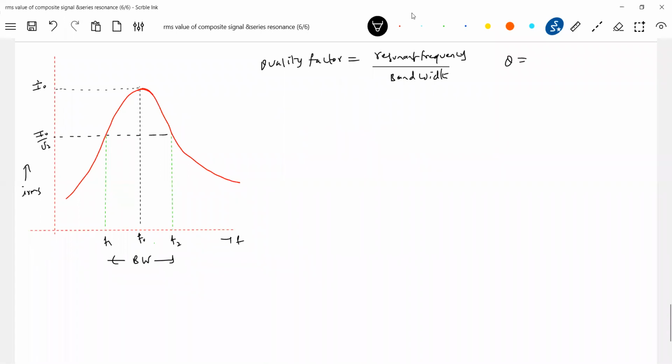The symbol used is capital Q, the resonant frequency is F naught, and the bandwidth is BW. Or you can write it as delta F. What is delta F? F2 minus F1. So the bandwidth we can also write as delta F here.